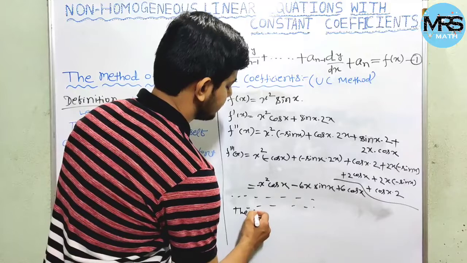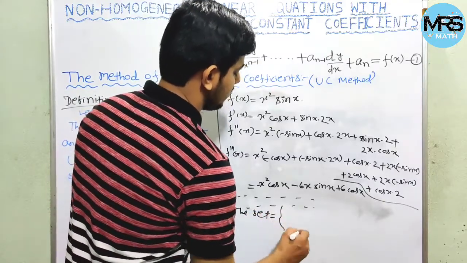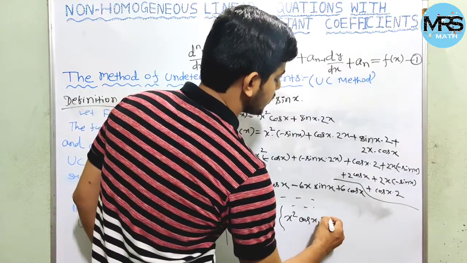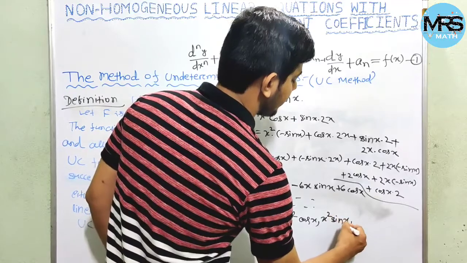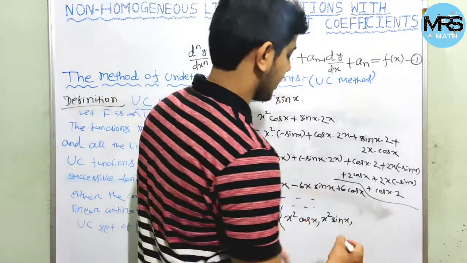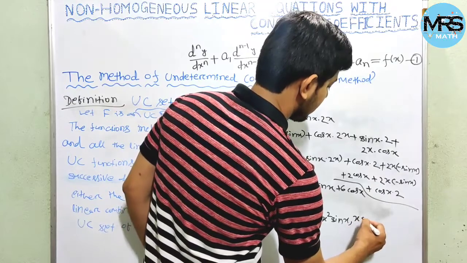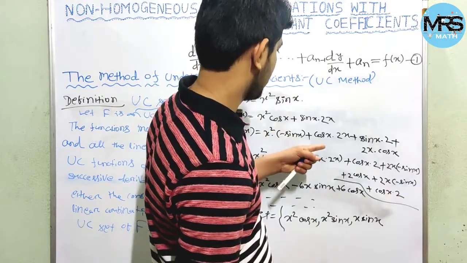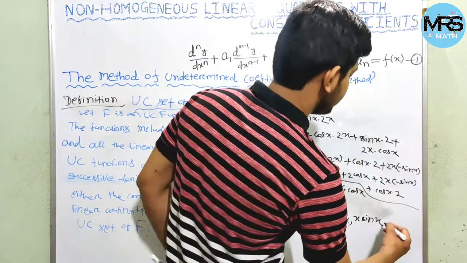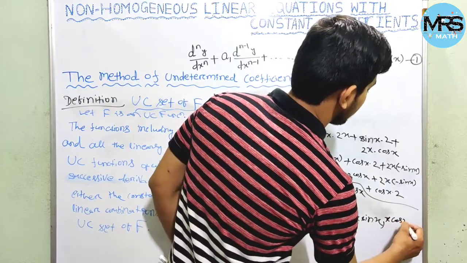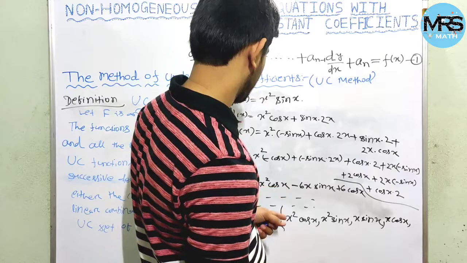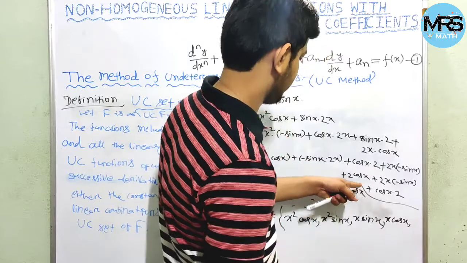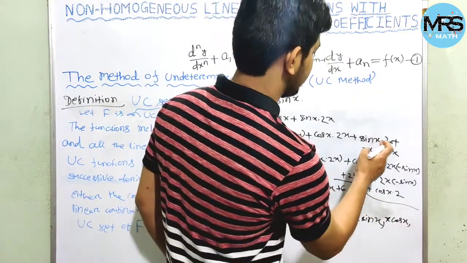the set we can calculate is x square cos x, x square sin x, and x sin x, and x cos x, and only sin x also we are getting, and only cos x.